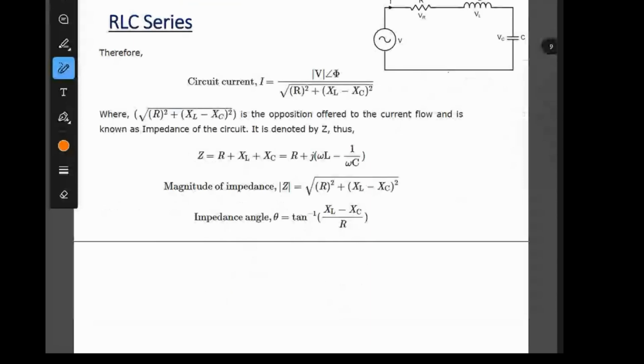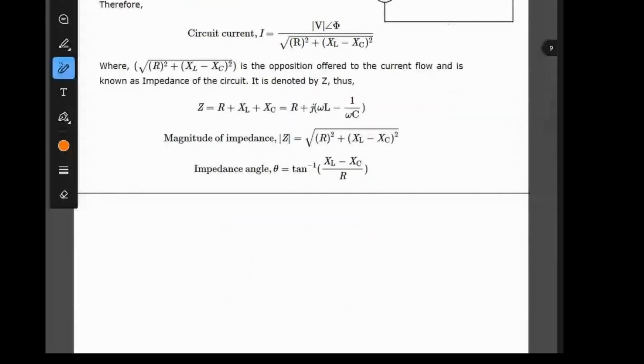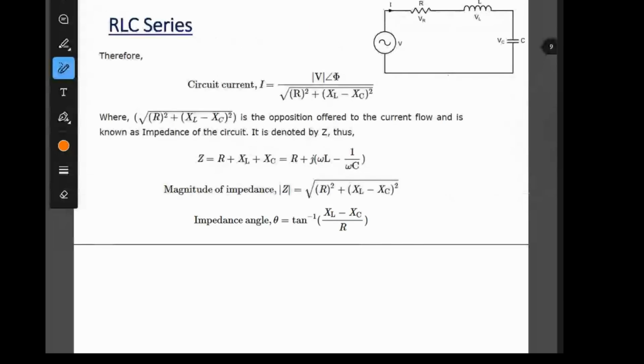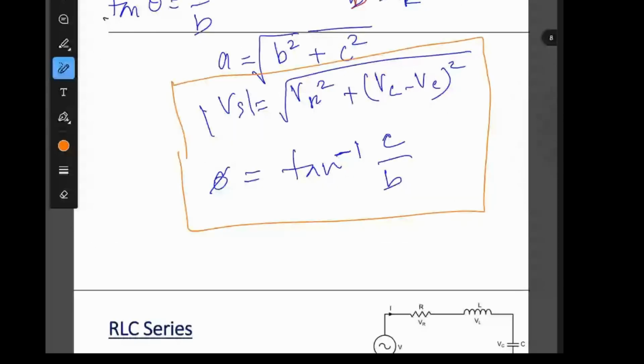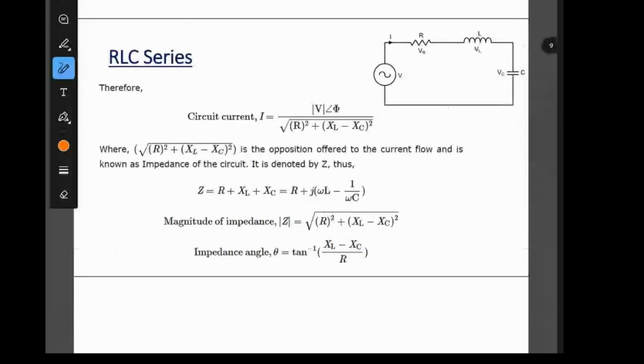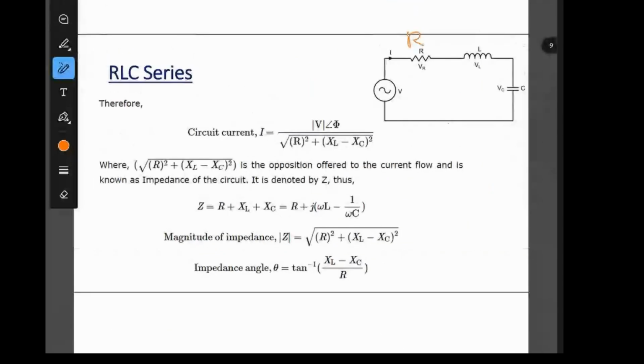Z is our impedance. From the previous, we have R, XL, XC, so Z is equal to R plus j(XL minus XC).